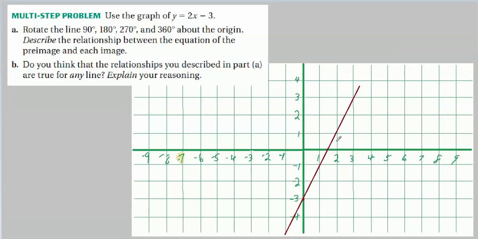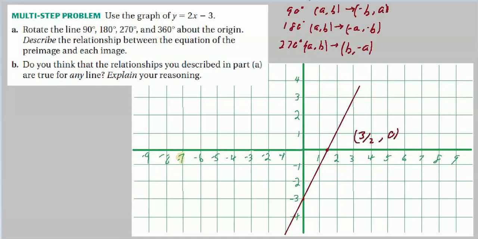So a 90-degree rotation, say for the point, this is the point 3/2, 0. That's this point right here. I've rewritten the rules up here just as a reminder of what we need to do.